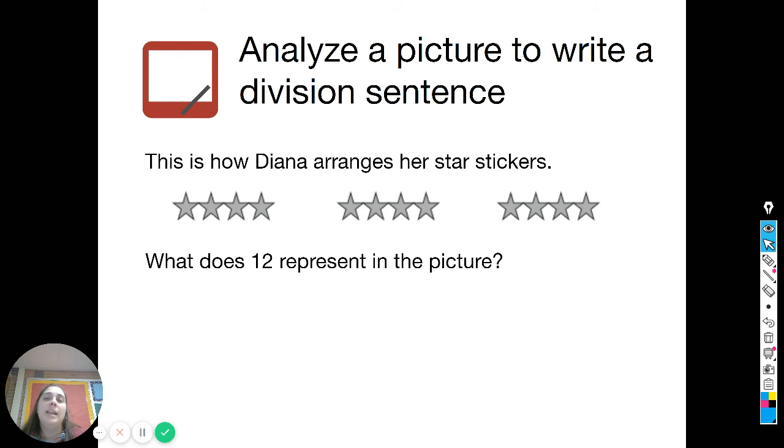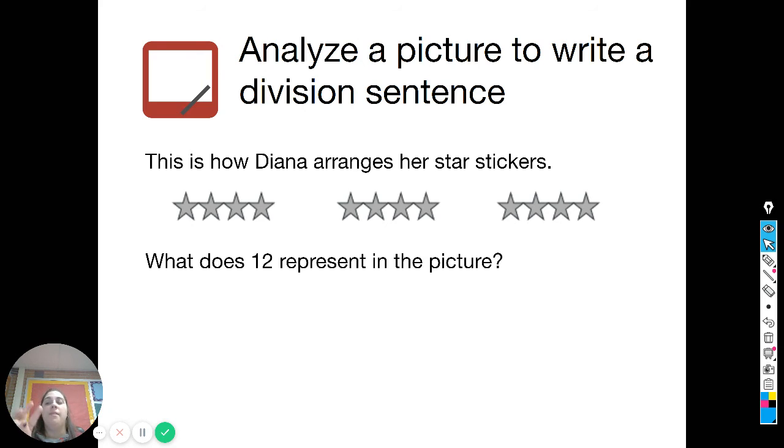Okay, now let's analyze a picture to write a division sentence. This is how Diana arranges her star stickers. What does 12 represent in the picture?